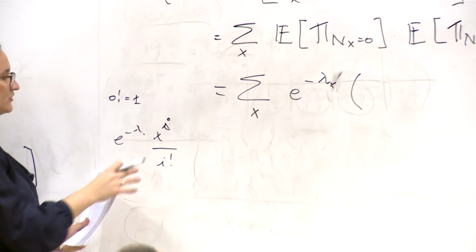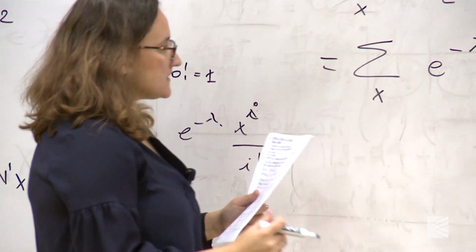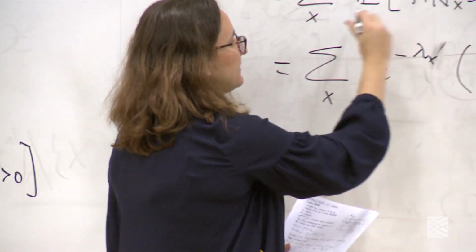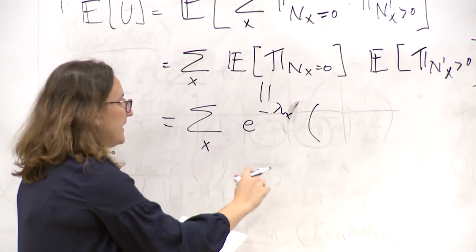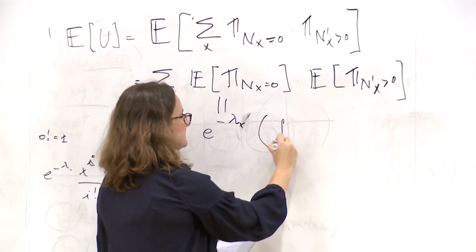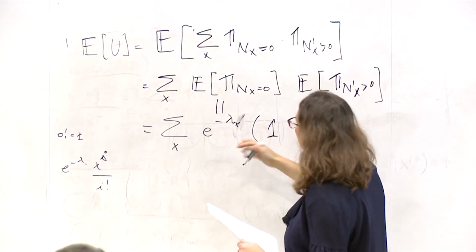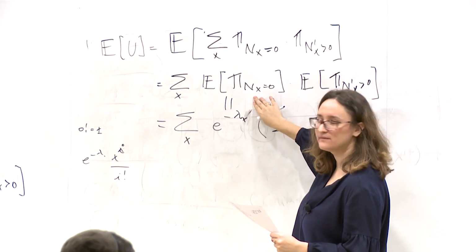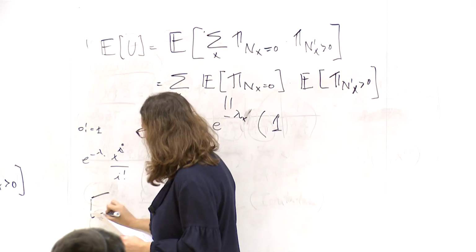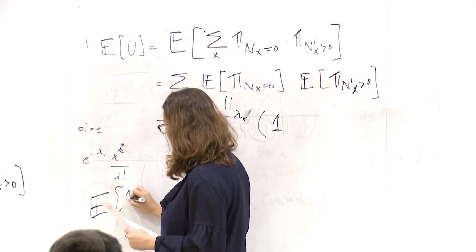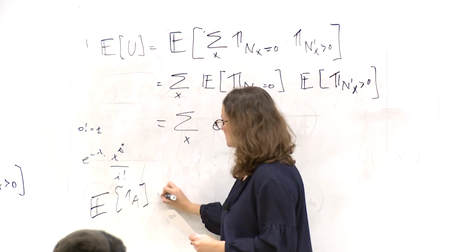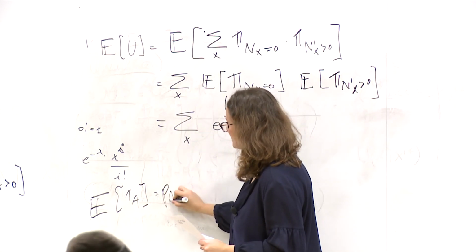And when I is 0, this particular term goes away. So this is what this number is here. And this other number can be written as 1 minus. Oh, and the other thing that I took the liberty of doing here is to say that if I have the expectation of an indicator variable, then this is actually just the probability of that particular set.